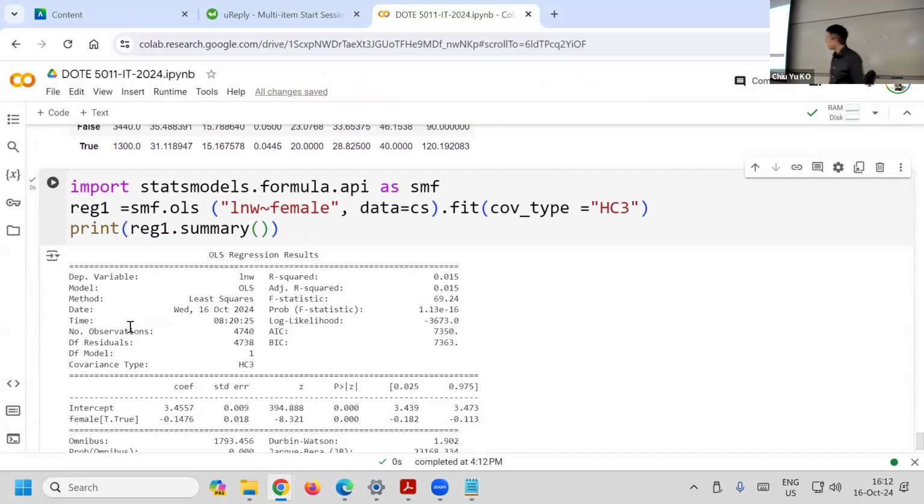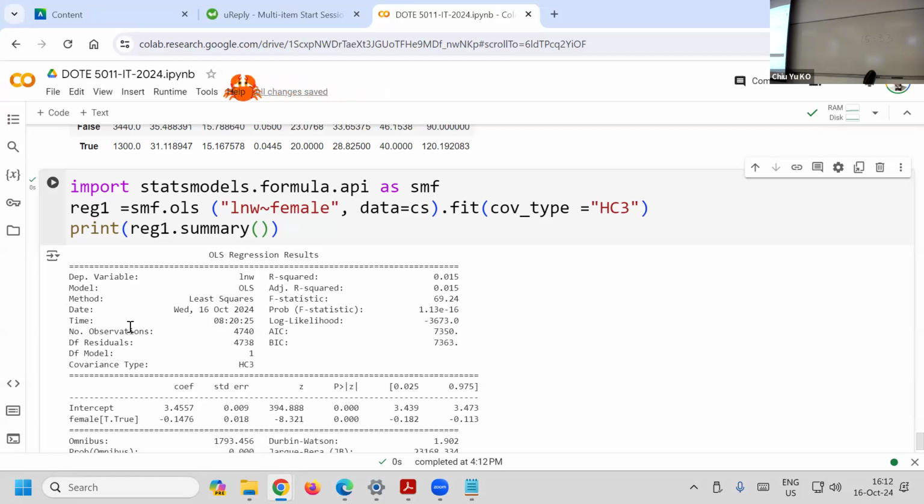Although the R squared is very poor, it's only 1%, we do see the p-value is small enough to be meaningful.